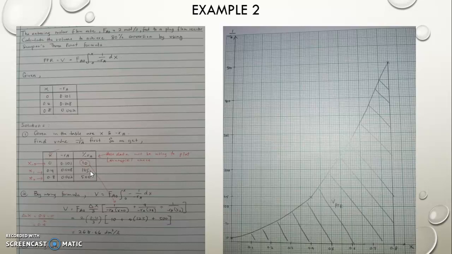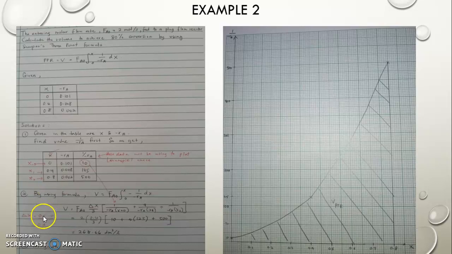And then by using the formula yang panjang ni, awak kena cari dulu delta X berapa, sebab dia ada 3 nilai X ni. Dia ada X equal to 0, X1, X2.